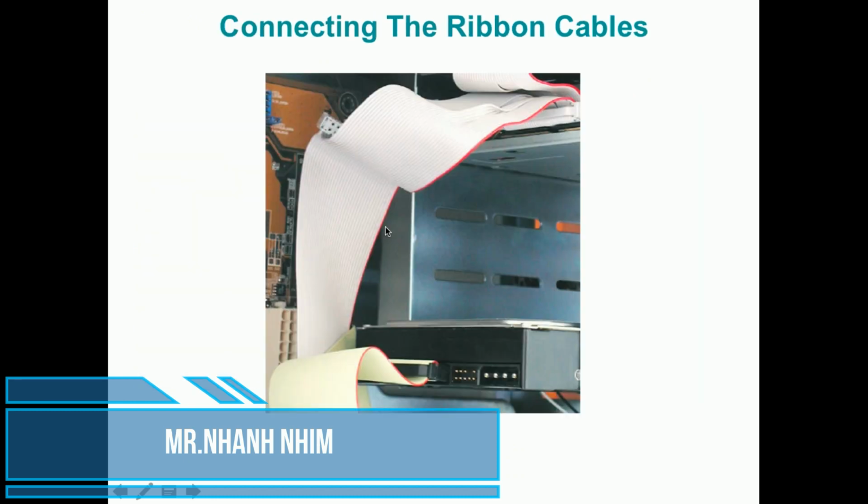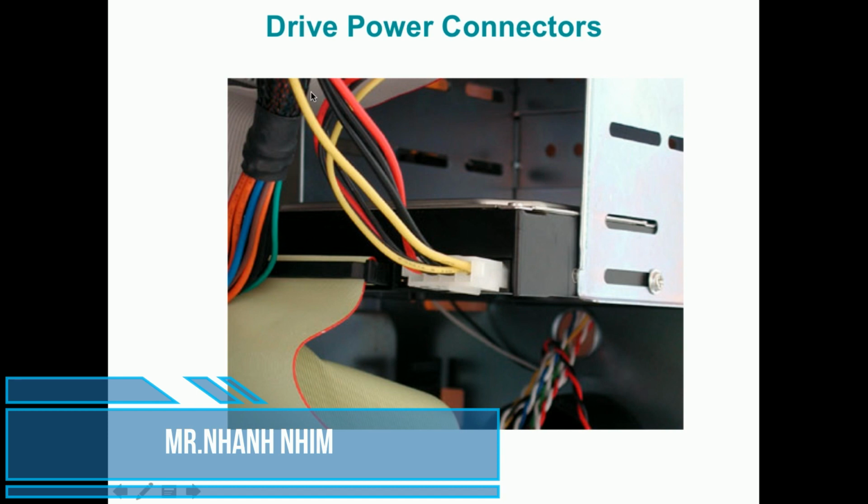Okay, this one we can say is the ribbon cable. The ribbon cable is also an important thing of a computer as well. This one we can say is the drive power connector. Okay, the drive power connector, we have a lot of different drives we can connect from your computer to other devices.